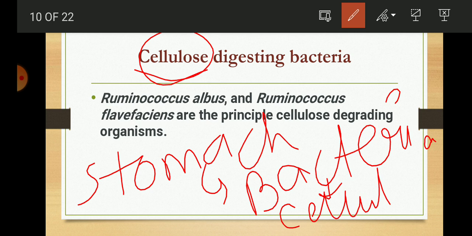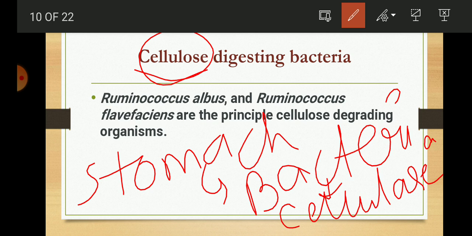What is cellulase? It is an enzyme, or you can understand it as a chemical. The bacteria produce this chemical, cellulase, which breaks the complex cellulose into the simple glucose form, and this simple form is absorbed by the intestine of the ruminants.